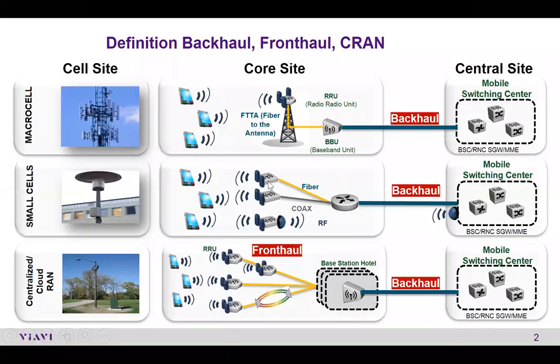Those small cells are also known as metro cells, picocells, nanocells, and they are self-contained units typically used in smaller areas, maybe rural areas that may not have towers, line of sight, and coverage, and typically serve a small number of users at any given time. This is not what we are talking about. These links are basically Ethernet links that are hosted by a macro cell from another site.